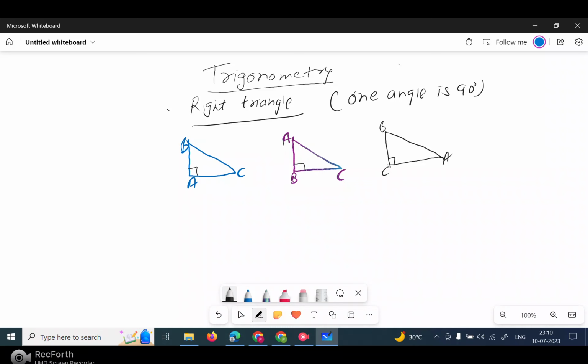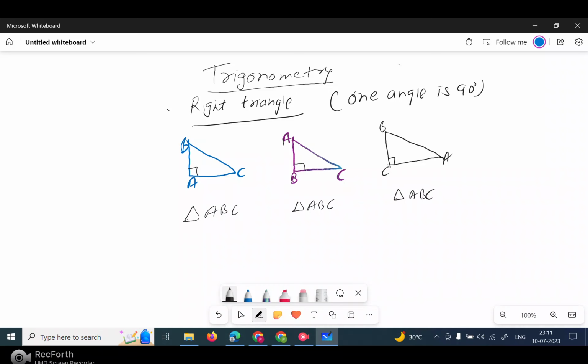Are they the same triangles with the same vertices? In all these three triangles, we have vertices A, B, and C. So I can call it triangle ABC.